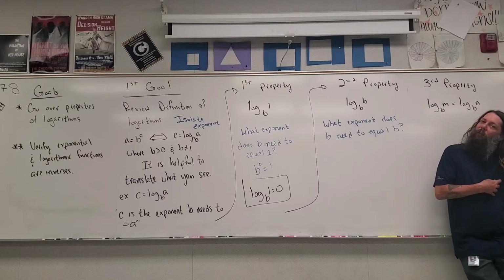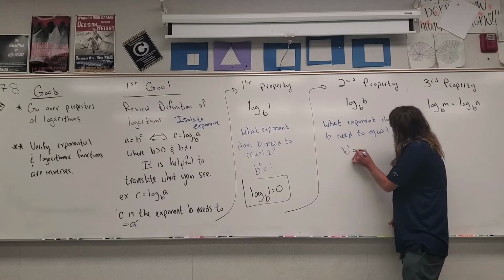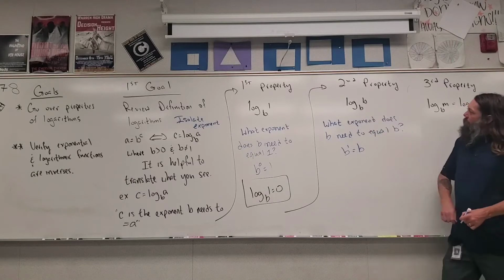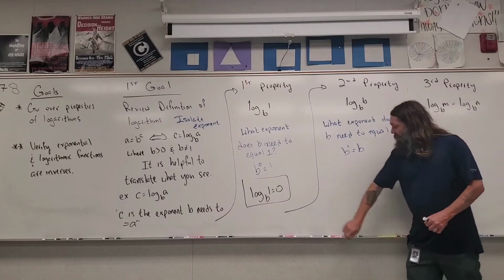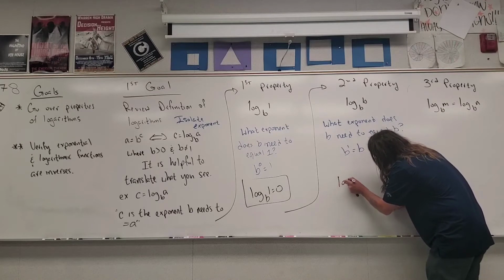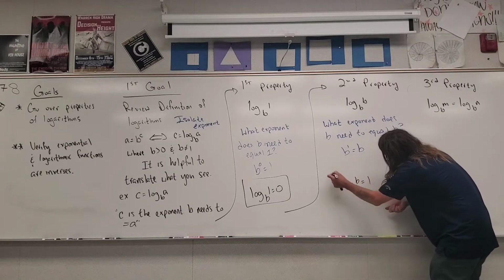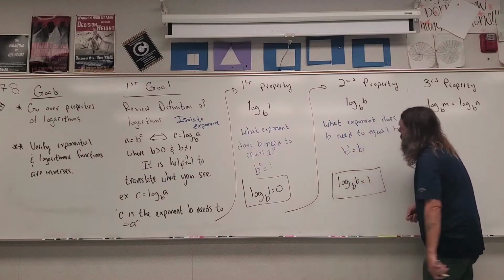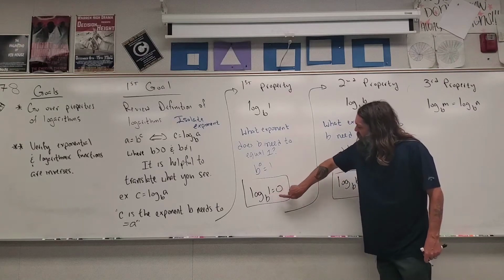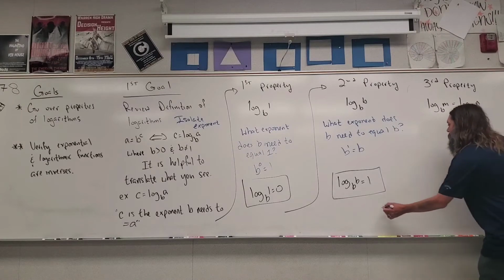Any number to the power 1 is itself, right? Because b to the power 1 is b. So the exponent that b needs to equal b is 1. So this must equal 1, and that is our second property. Okay, so when these numbers are the same, it equals 1. When this number is 1, it equals 0.